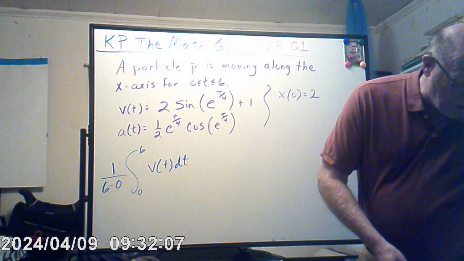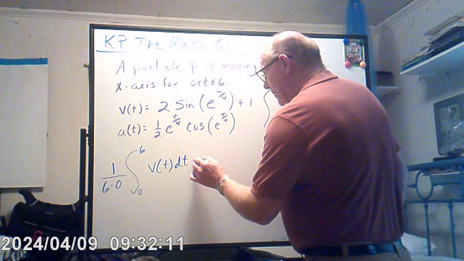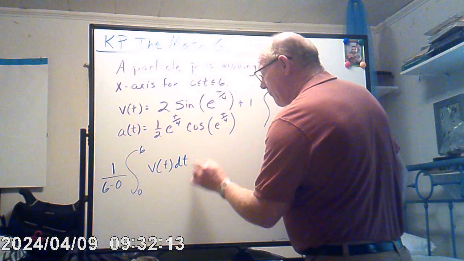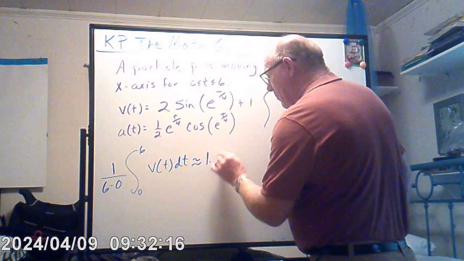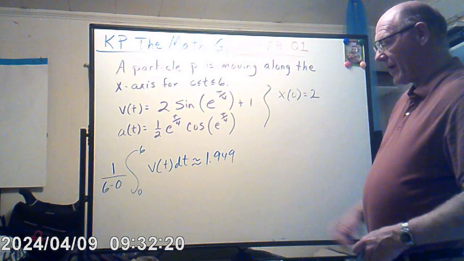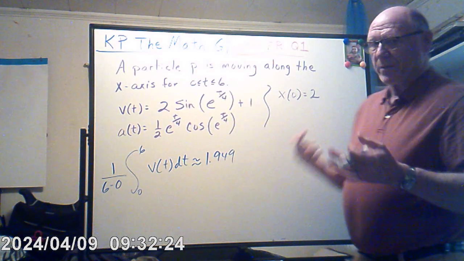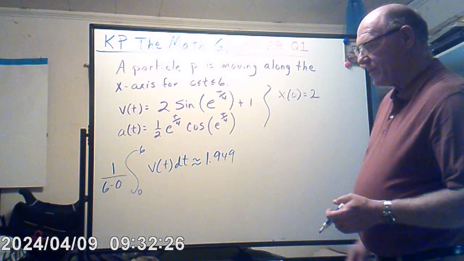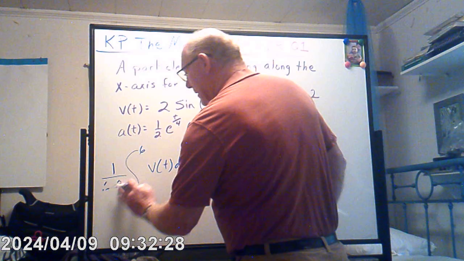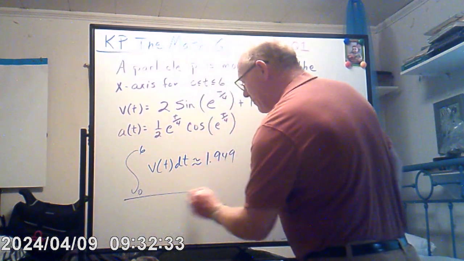By the way, I already have the answer: about equal to 1.949. That's average velocity, so that would be in whatever units, feet per second. Some people do it like this, they'll just say this divided by 6.